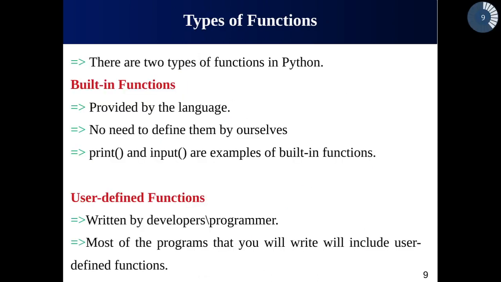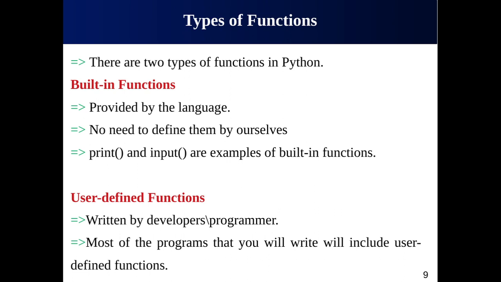Now let us see different types of functions. Generally speaking, we have two types of functions in Python: built-in functions and user-defined functions. Built-in functions are those which are provided by the language itself. We have seen several examples of these when we were studying tuples and lists, and even strings, where we applied several functions to perform different operations.